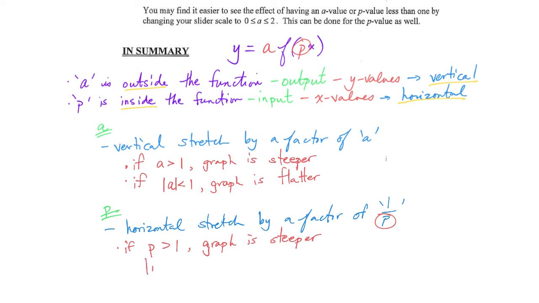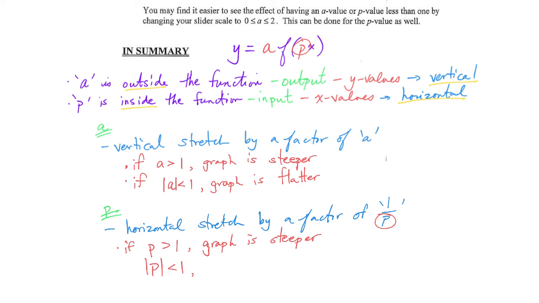And for everything that we said before, we need absolute value signs around our p. If the absolute value of p is less than 1, forget about the sign, just the number. So like when we put a value of 1/4 out in front, all of a sudden we notice it's like we pulled our graph away from the y-axis.